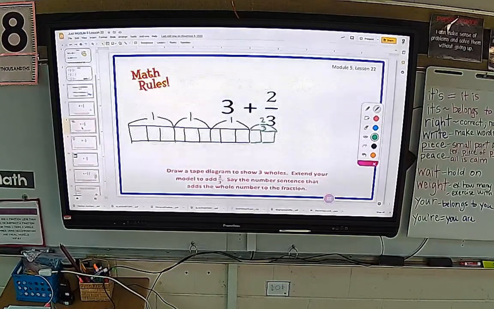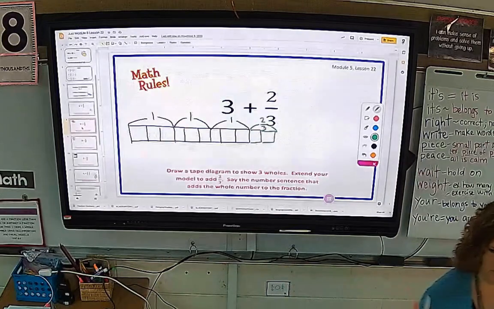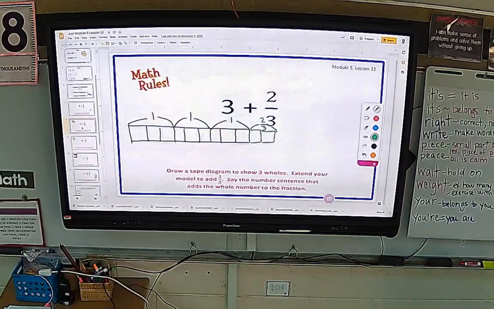Could you show it with shading somehow? How could we shade it so that you could tell this was part of it and then this was part of it? Could you shade it 2 different colors so you could see what was there first and then the new part?